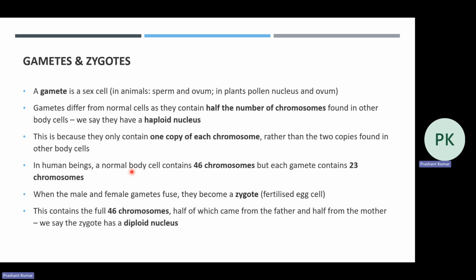So in human beings, normal body cells contain 46 chromosomes, but the gamete contains 23 chromosomes. When the male and the female gametes fuse, it becomes the complete number. So 23 plus 23 makes 46 chromosomes. And the first cell having 46 chromosomes is the zygote, right? Because it contains the full chromosome number.